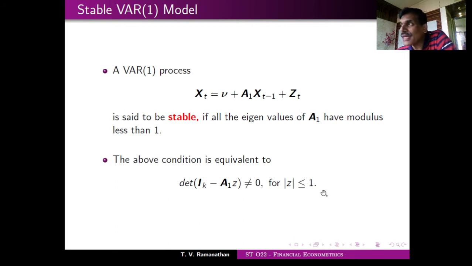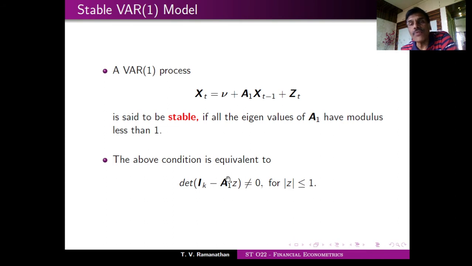But how do you know that that is the condition? That is very easy to find out, because a VAR(p) model can be represented as a VAR(1) model. For VAR(1) we have already proved that this is the condition, so I will be able to write it in this form in the case of VAR(p).